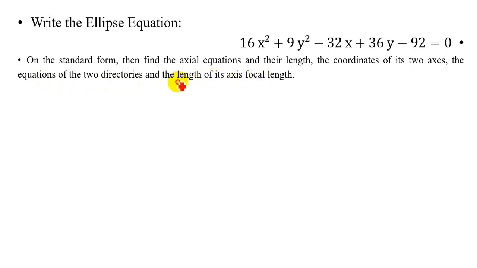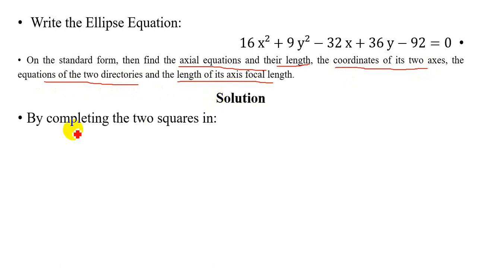Find the axial equation, number 1, their length, number 2, the coordinates of the two axes, number 3, the equations of the two directrices, number 4, and the length of the focus. So we need 5 determinations. Let's see the solution.